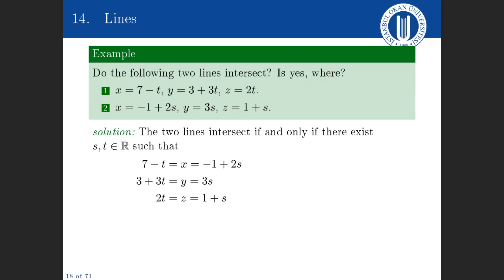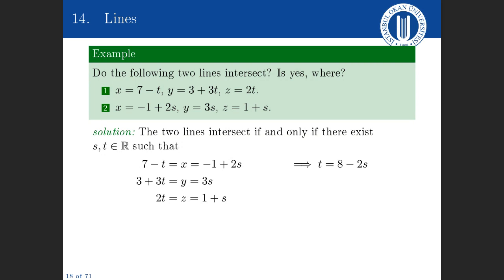These two lines intersect if and only if we can find these numbers s and t such that all three of these equations are true. x is 7 minus t and x is minus 1 plus 2s. y is 3 plus 3t and y is equal to 3s. z is equal to 2t and z is equal to 1 plus s.